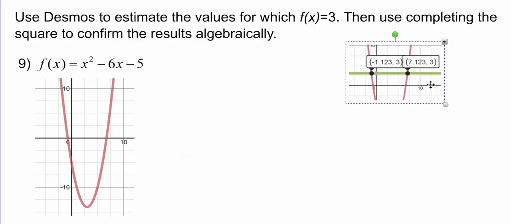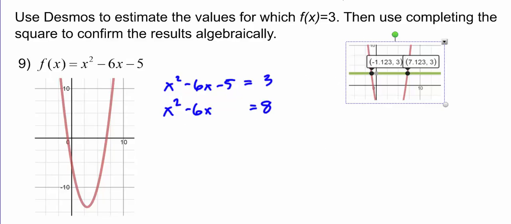But let's confirm algebraically what we just did graphically. So x squared minus 6x minus 5, we said it's equal to 3. I'm going to use completing the square: x squared minus 6x, I'm going to leave a little space, and add that 5 to both sides.